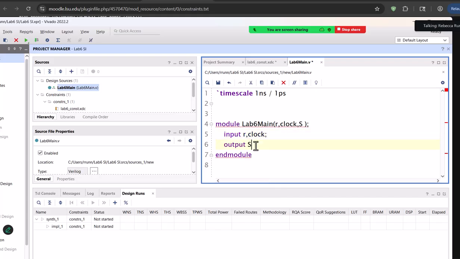And then I'm going to have reg Y0, Y1, Y2, and then I'm going to have next Y0, next Y1, next Y2.